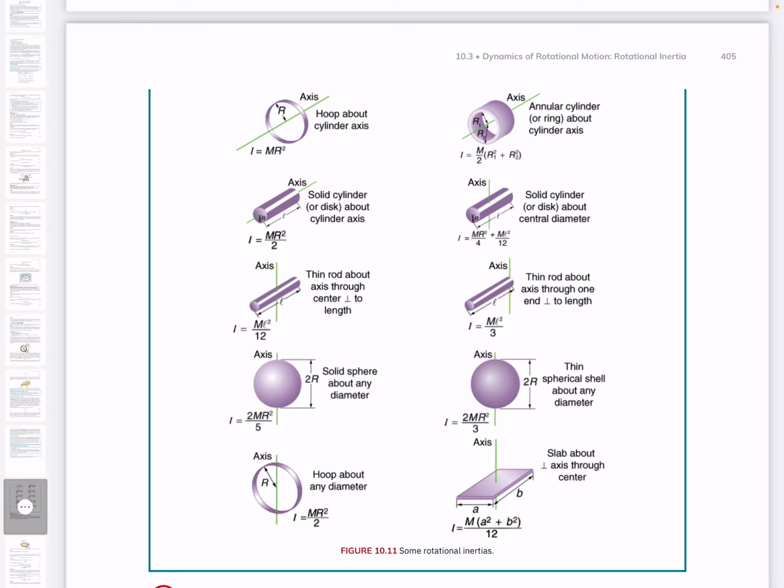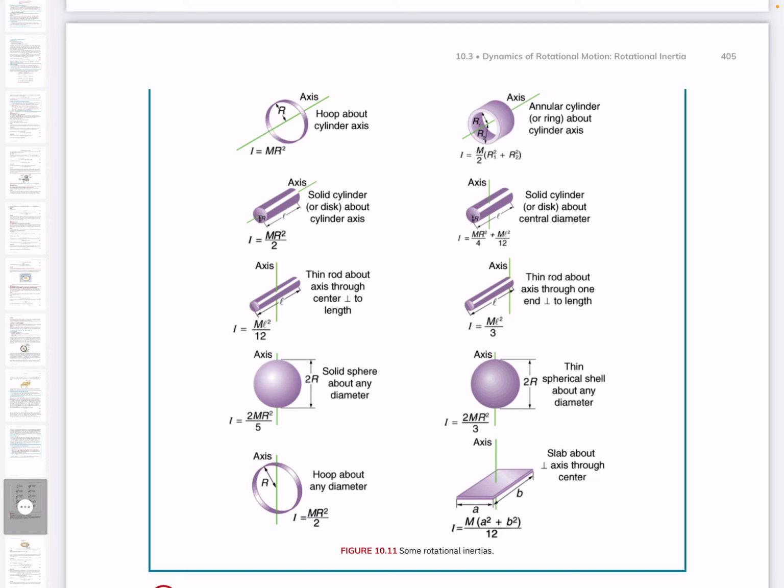So that changes everything, and you have to do a couple of calculations to figure out what your moment of inertia is, and it's m over 4 times r squared plus the total mass times the length squared divided by 12, okay? So, like I said, these can get kind of complicated.